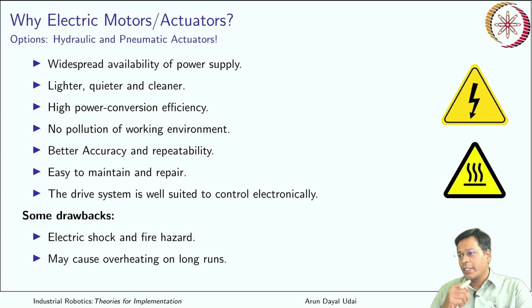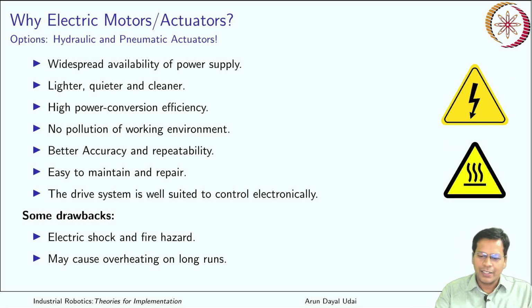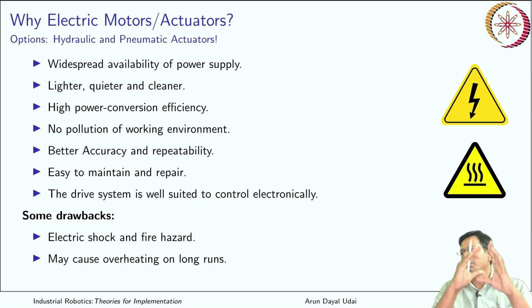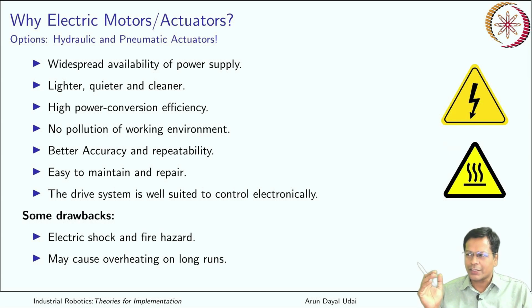It may also cause overheating on long runs. On most of the robots, at the rear part in the motor, you sometimes see these symbols. One of them is for the electric shock hazard, and the other is for heat, that is the temperature hazard. It may be very hot, so those are the warning symbols posted at the rear part of the actuators placed in the robots. So yes, these are some of them.